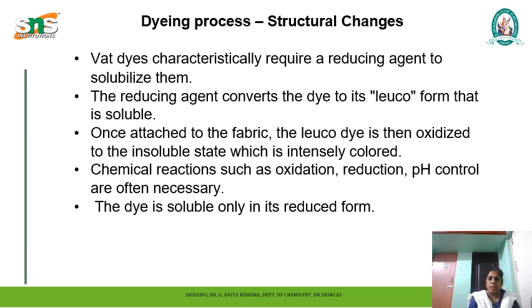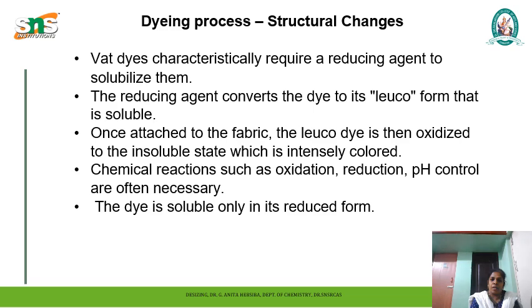For that, we will go for a reduction, and then after applying the dye to the fabric, it is oxidized, so there is oxidation, and all these changes take place by means of pH control. So chemical reactions like oxidation, reduction and pH control are often necessary during the dyeing process of VAT dyes.